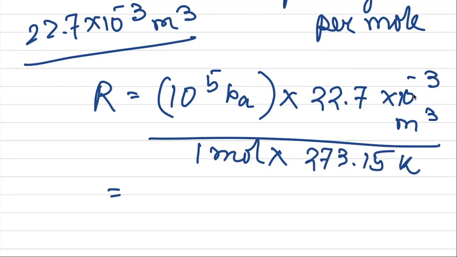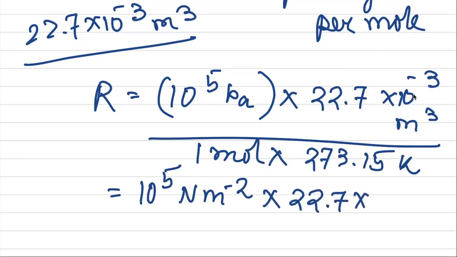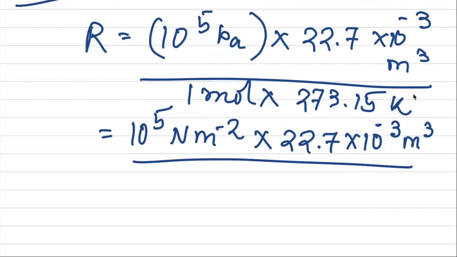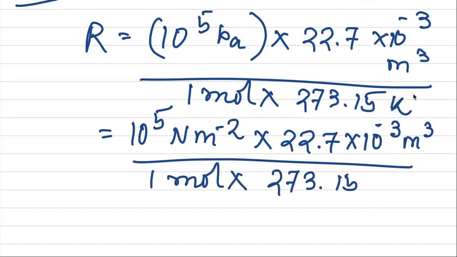So we can write here 10 to the power 5 Newton per meter square into 22.7 into 10 to the power minus 3 meter cube, divided by 1 mole into 273.15 K. Yes or no?